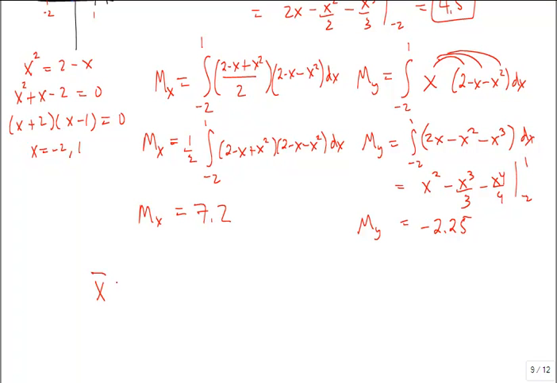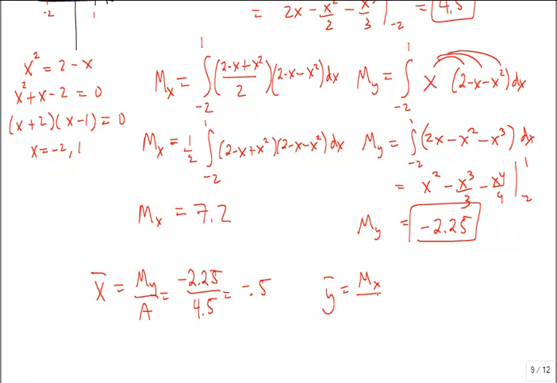So x bar is the moment about the y-axis over that area. So this number right here divided by that 4.5 area that we got, and that gives me negative 0.5. Y bar is the moment about the x-axis divided by your area. So that was this 7.2 divided by our 4.5 area, and that's 1.6.